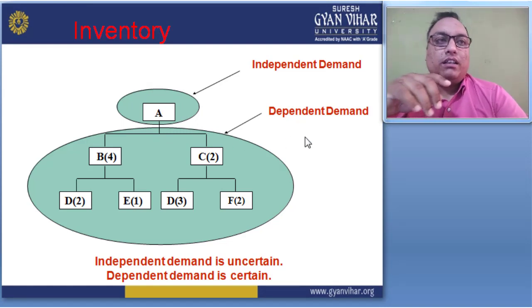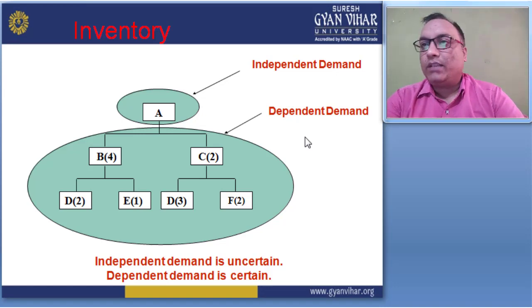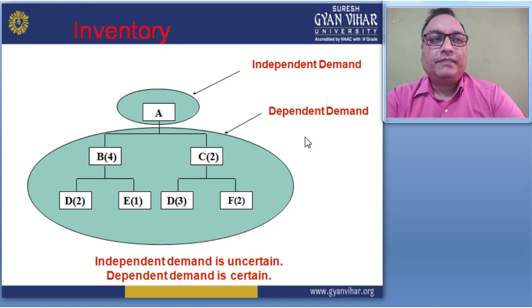So I am talking about this independent and dependent demand of the inventory. And independent demand is always uncertain, and dependent demand is certain, right? Dependent demand is certain and independent demand is uncertain.